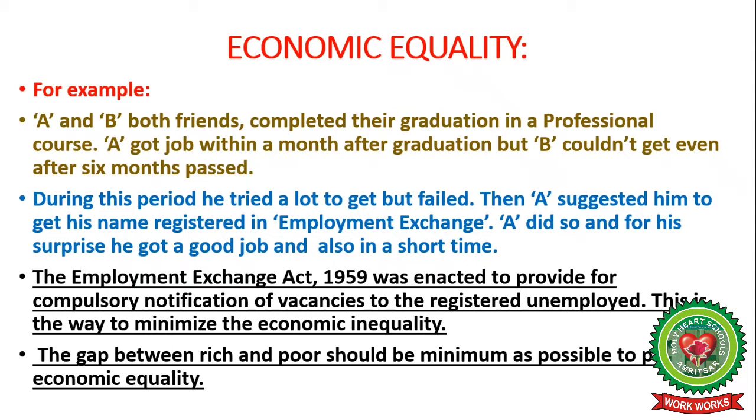A got a job within a month after the graduation, but B could not get one even after 6 months passed. Both were friends. During this period, he tried a lot to get a job but failed. Then A suggested him to get his name registered in the employment exchange.